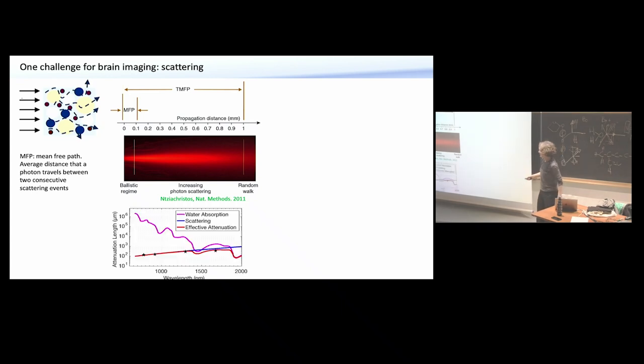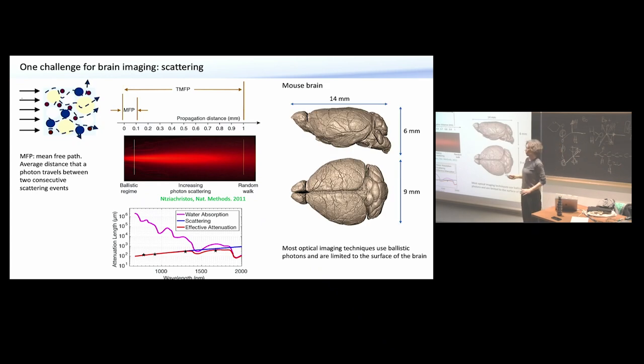This scattering length increases a bit with the wavelength of the light, so it's interesting to have techniques that are more in the infrared than in the visible. But it gives a very strong limitation, because most optical techniques work with ballistic light, or light that is not diffused so many times.